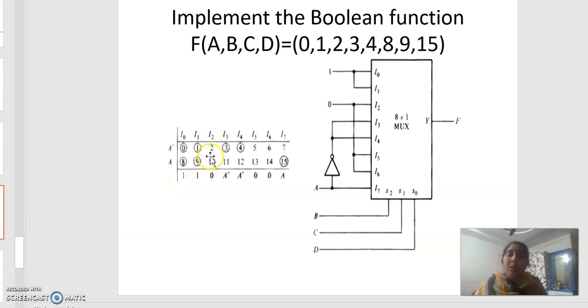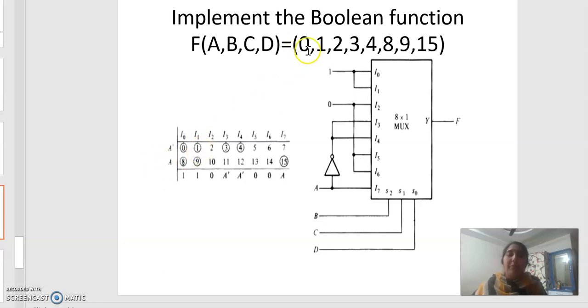If both are not circled, we have to consider the input as 0. If the first row is circled, we should consider the row value, that is A dash. If the second row contains the circle, then you should consider the respective A value, that is A.